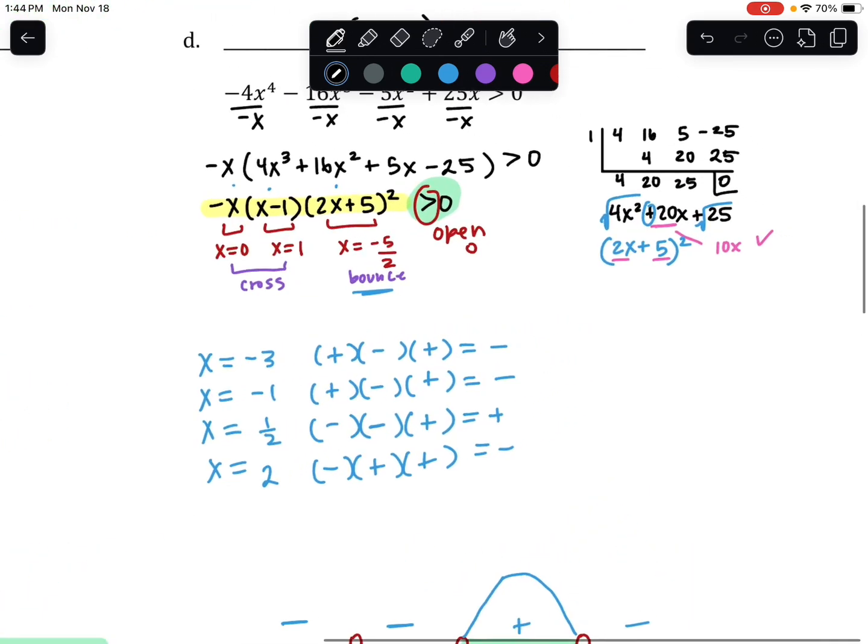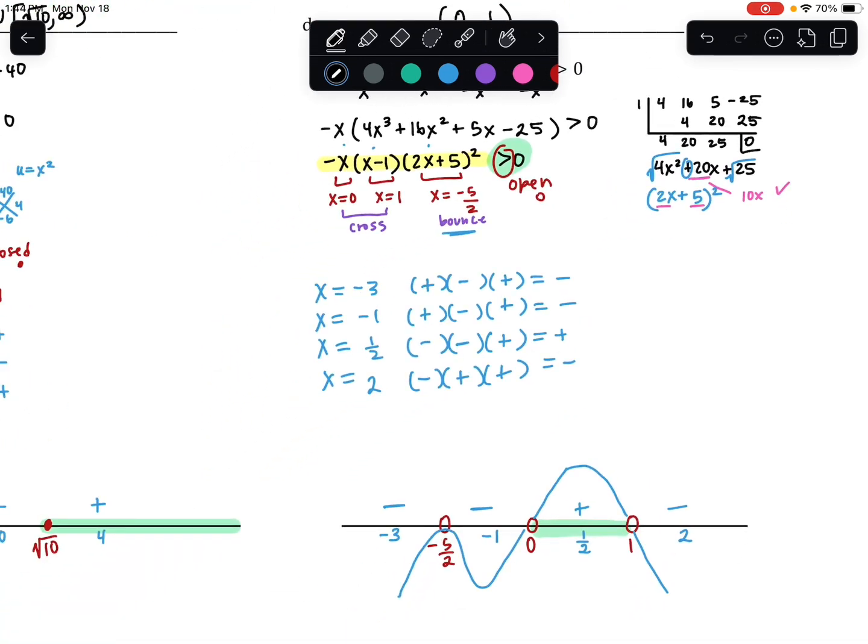But again, if I change it to less than 0, I would have 3 different intervals to report. I would have -infinity to the -5/2. And then I would pick back up after the -5/2 and go to 0. And then we would pick back up at 1 and go to infinity.